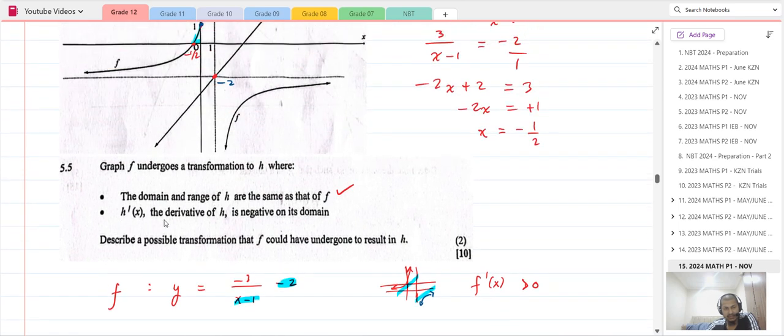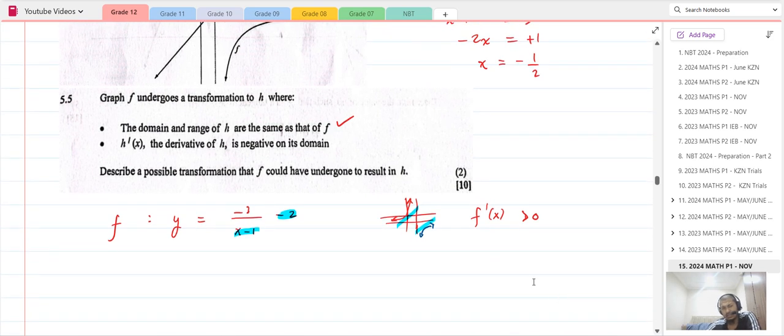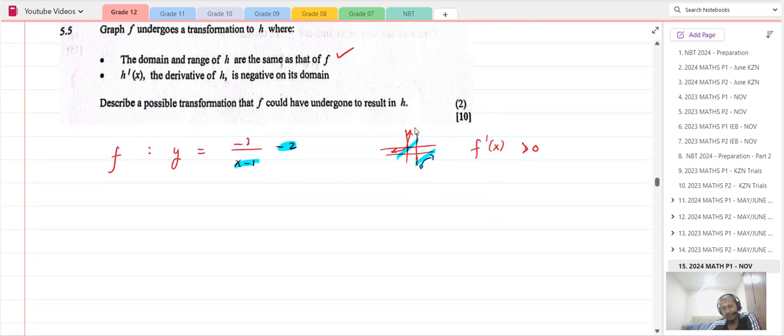H prime x, the derivative of h, is negative on its domain. In other words, this graph is going in the first and third quadrants. So now how does the graph go here and there?